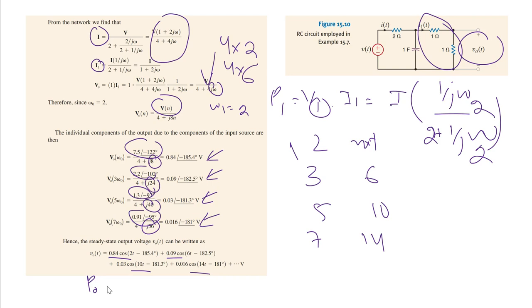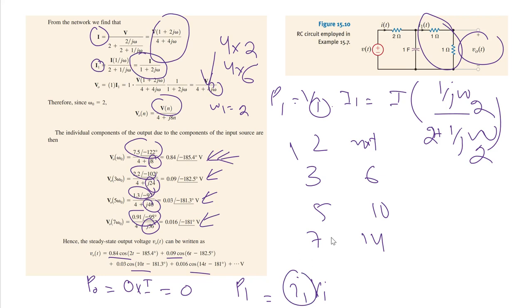So P0 would be equal to 0 voltage multiplied by I0, which is 0. P1 would be equal to I1 multiplied by V1. So V1 is calculated in here. Similarly, this I1 would be placed from this equation. So this is the procedure.